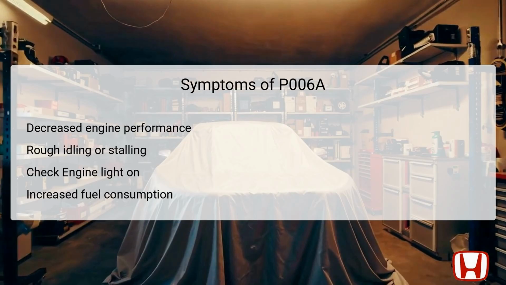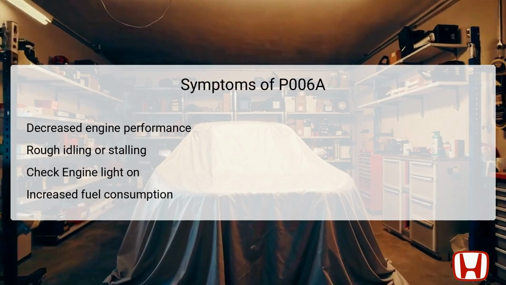Several symptoms can arise from the DTC P006A. Drivers may experience decreased engine performance due to improper air-fuel mixture ratios caused by faulty sensor readings. Another common symptom is rough idling or stalling as the engine struggles to maintain stable operating conditions.